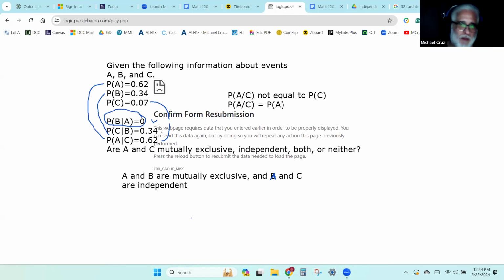But it looks to me that C and B are also independent. In what case would they be both or neither? I don't know. I think I have a note.